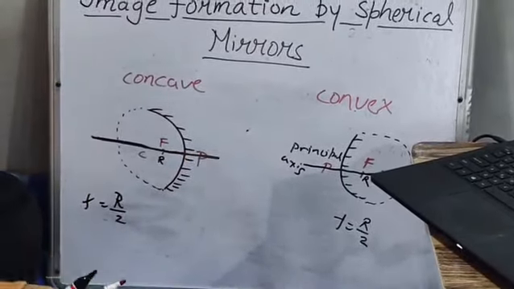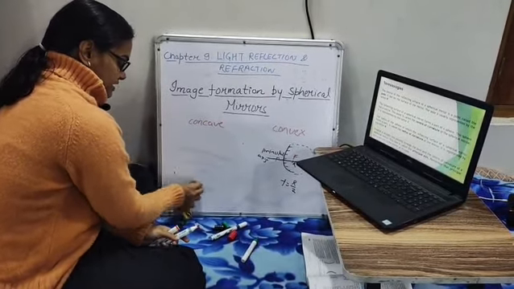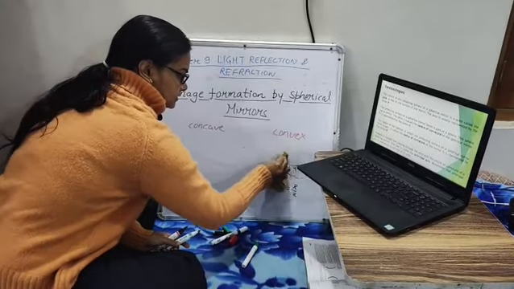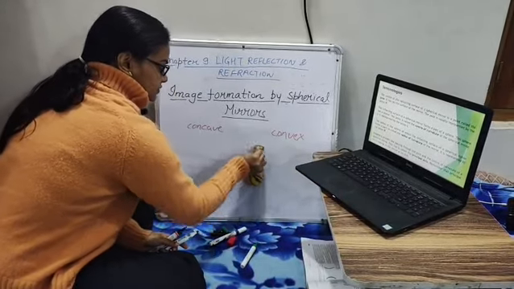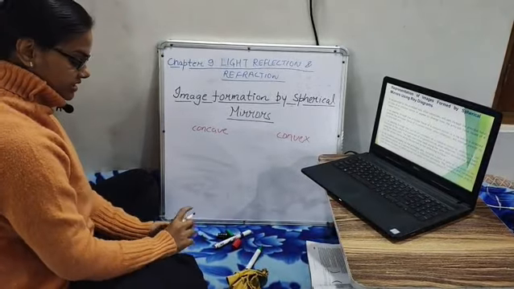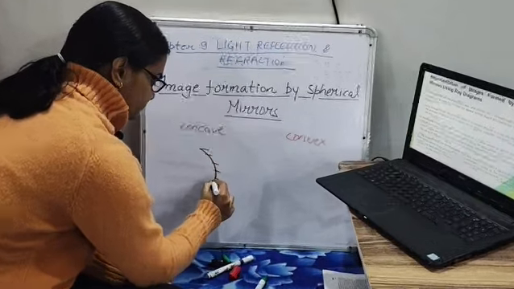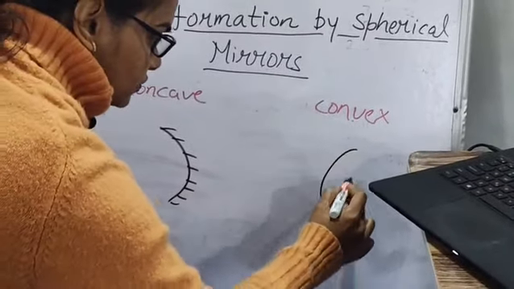Now based on these terms, we will see the rules of ray diagram. These are the rules of ray diagram, for concave mirror and for convex mirror.